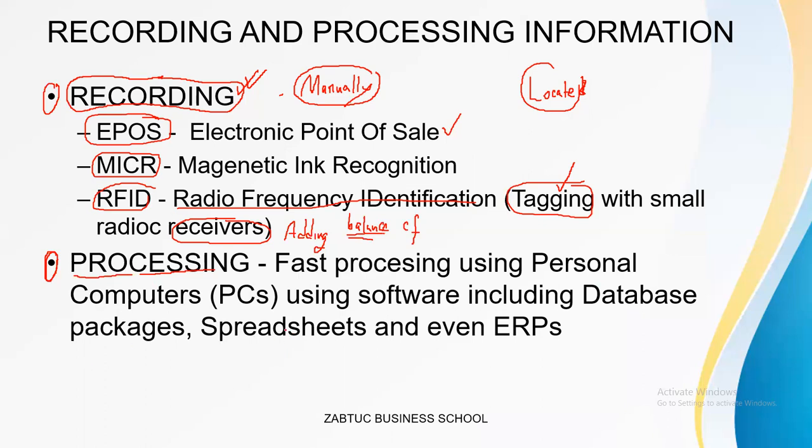What developments have we seen? Fast processing using personal computers, using software, including the databases, the spreadsheets, even the ERPs. So nowadays, in terms of processing, we've got all types of applications that you can use. And these are very fast.